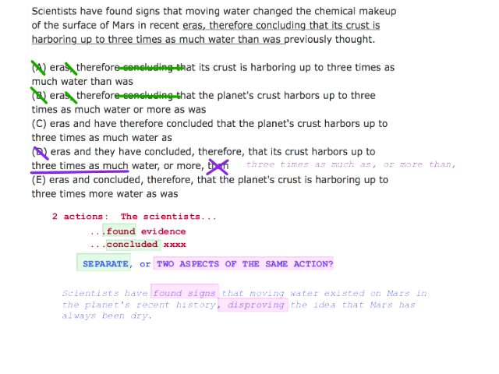You could not eliminate either of these 2 words because you have to have the as to go with as much, and you have to have the than to go with more. And then, the planet's crust is harboring as opposed to harbors. Can somebody tell me what this means as opposed to this?